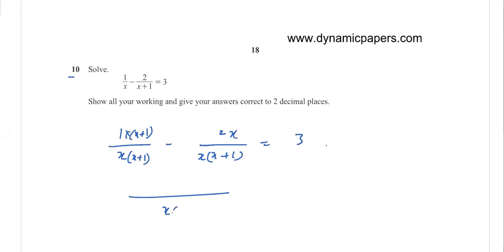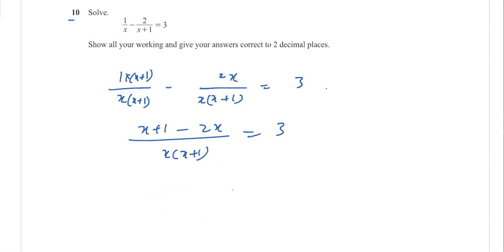Now write the LCM, x into x plus 1. That will be x plus 1 minus 2x equals 3. So from here, x minus 2x will be minus x. So 1 minus x equals 3x into x plus 1.